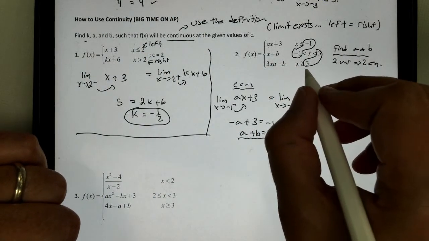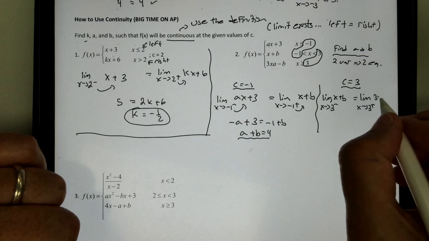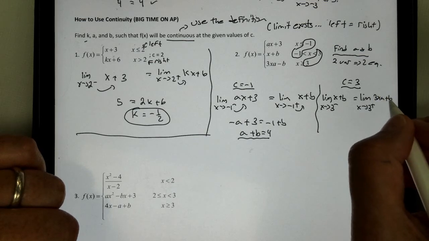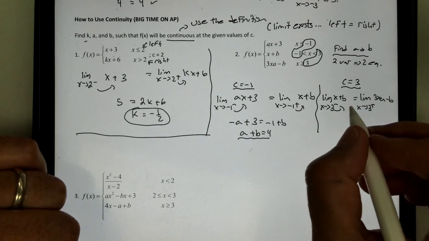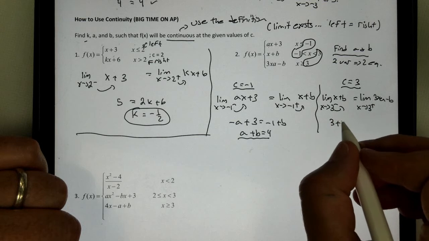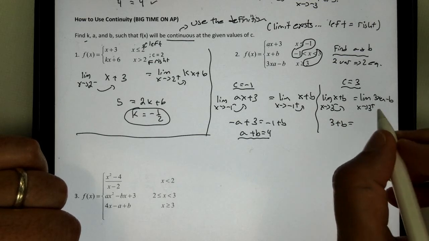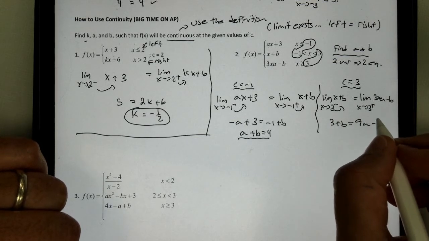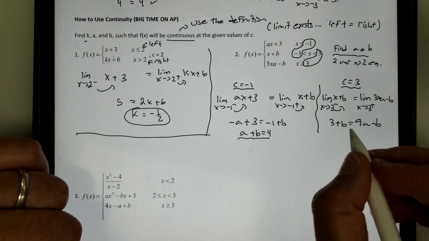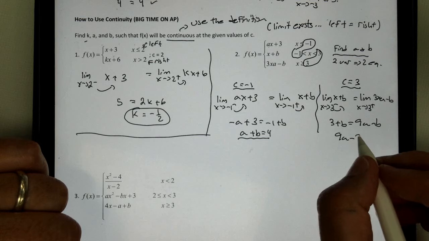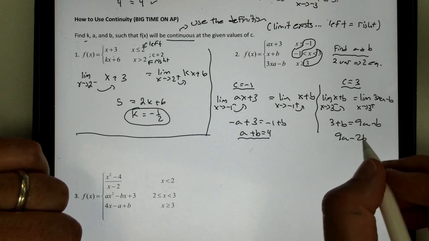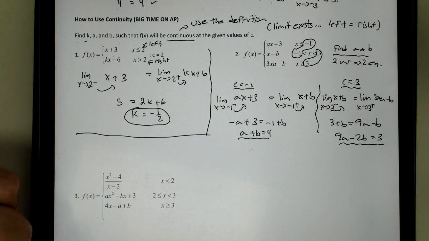On the right, x is greater than 3, that's going to be 3xa plus b, or sorry, minus b. There we go. Plug in the 3 here, we get 3 plus b equals 9a minus b, and when we simplify here, we would get 9a minus 2b equal to 3. And there's our second equation.